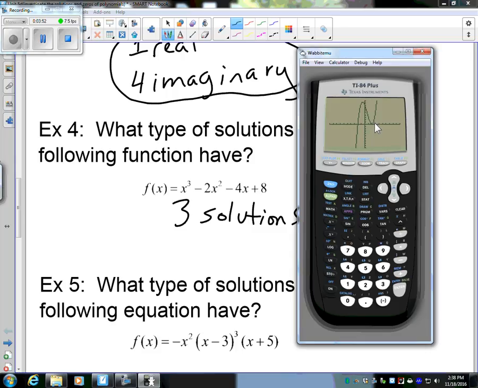Anytime this graph does that, turns on the x-axis, we call that a multiple solution. We're going to call it a double solution there. So there are actually 3 solutions. There's one from the negative x-intercept, and then there's 2 where the graph turns on the x-axis. So all 3 of these solutions are real.